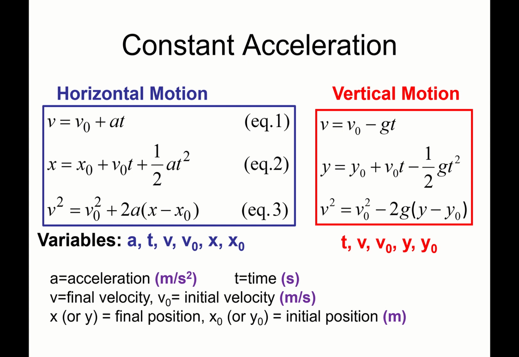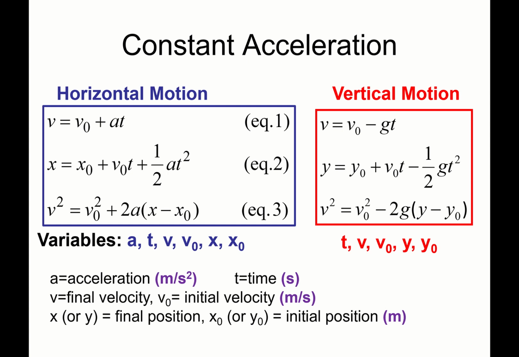For moving vertically, we have one less variable because we know that the acceleration is always equal to g, or 9.8. So everywhere I had a in the previous equations, I'm going to put in minus g, because g is always downwards. So now I have only 5 variables that I don't know: t, v initial and v final, and y initial and y final.